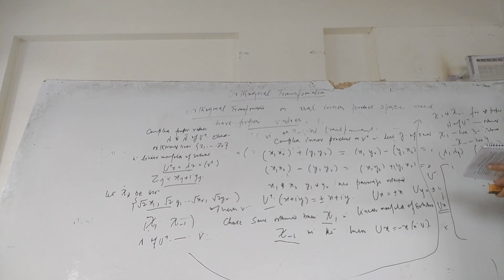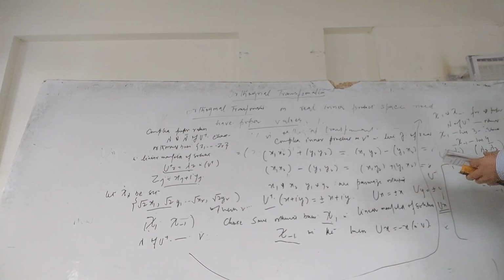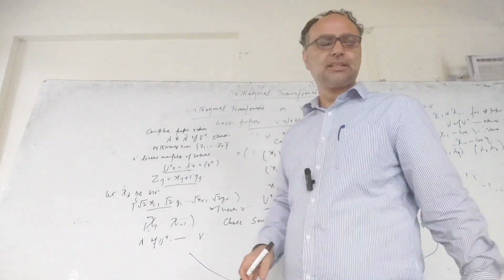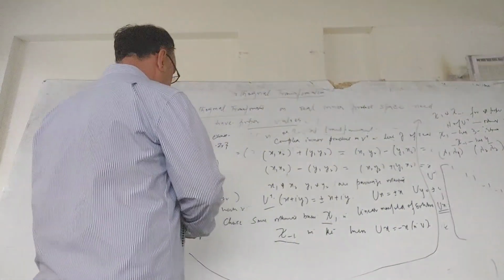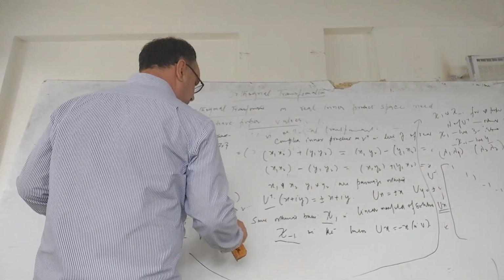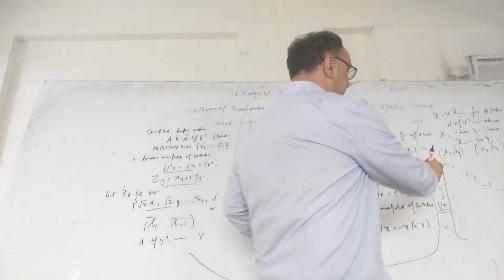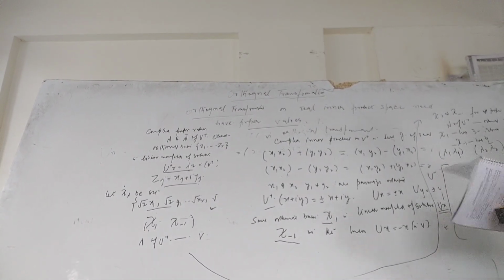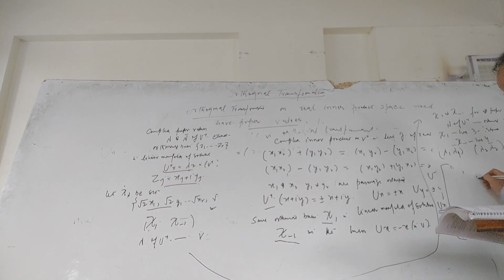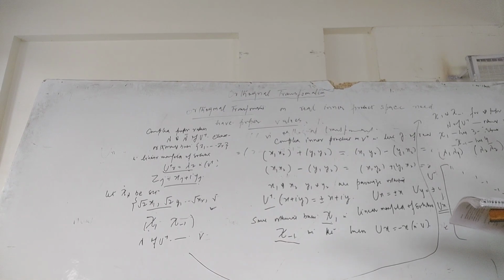So the matrix takes this form: one, one, one, minus one, minus one, minus one, minus one, alpha one, beta one, beta one, alpha one, and alpha two, minus beta two, beta two.